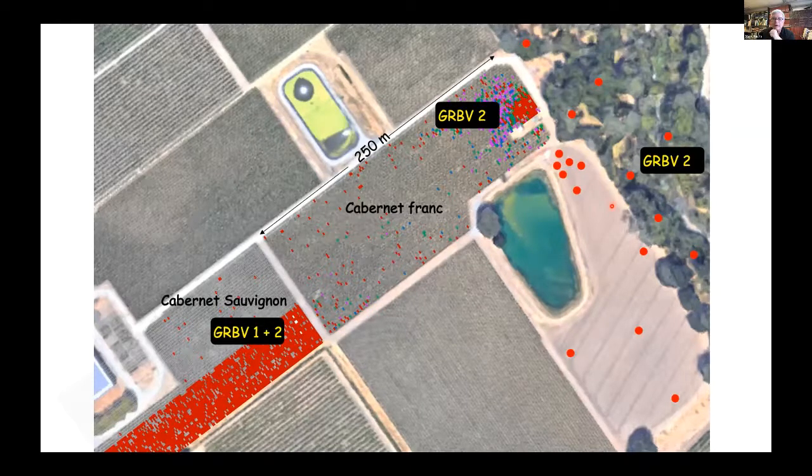So what we found is strain 2 is predominant in the Cab Franc. In the Cab Sauv, we have a mixture of strains 1 and 2. And as I mentioned, a number of free-living vines in riparian areas, as indicated here, can also be infected with red blotch. And these particular free-living vines are infected with strain 2 of red blotch.